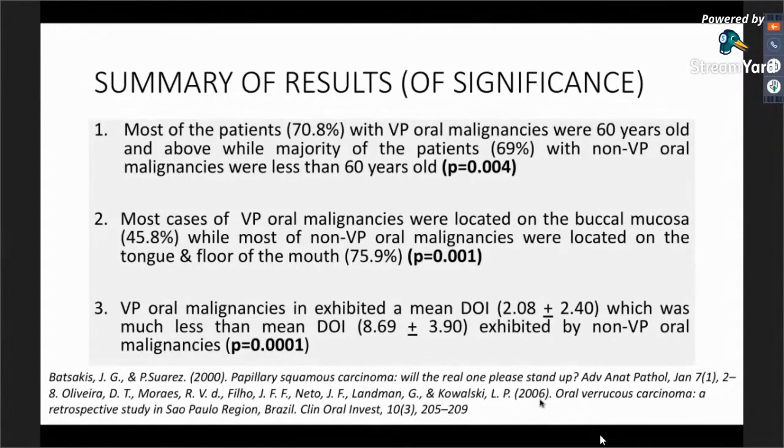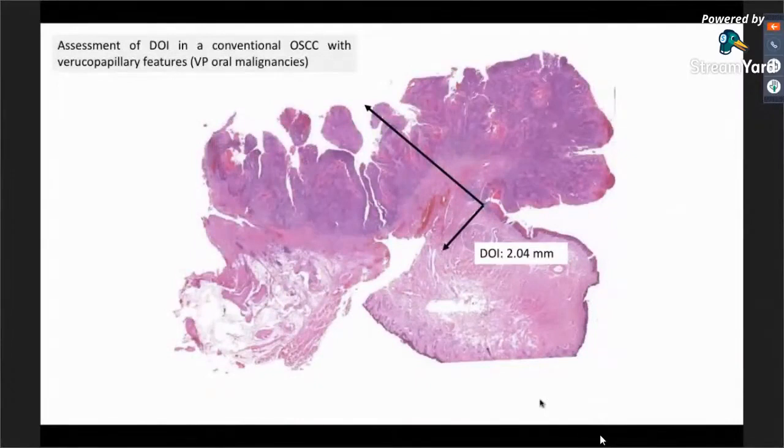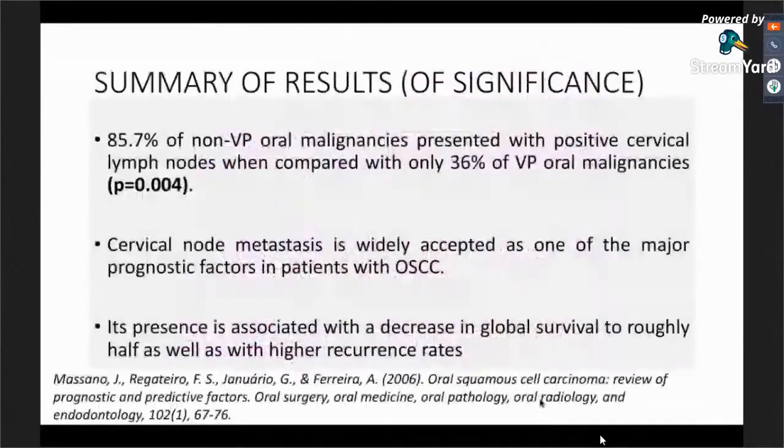So I think I've mentioned just now, if you actually put together buccal mucosa and gingiva, it's actually quite high. And I've also mentioned about depth of invasion. And this is just to show the depth of invasion, that is how we have actually computed it.